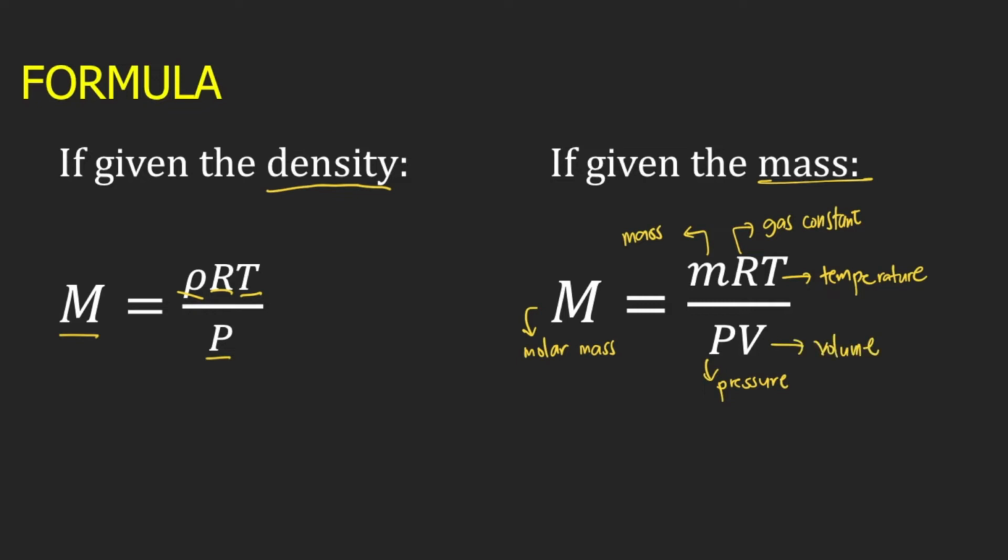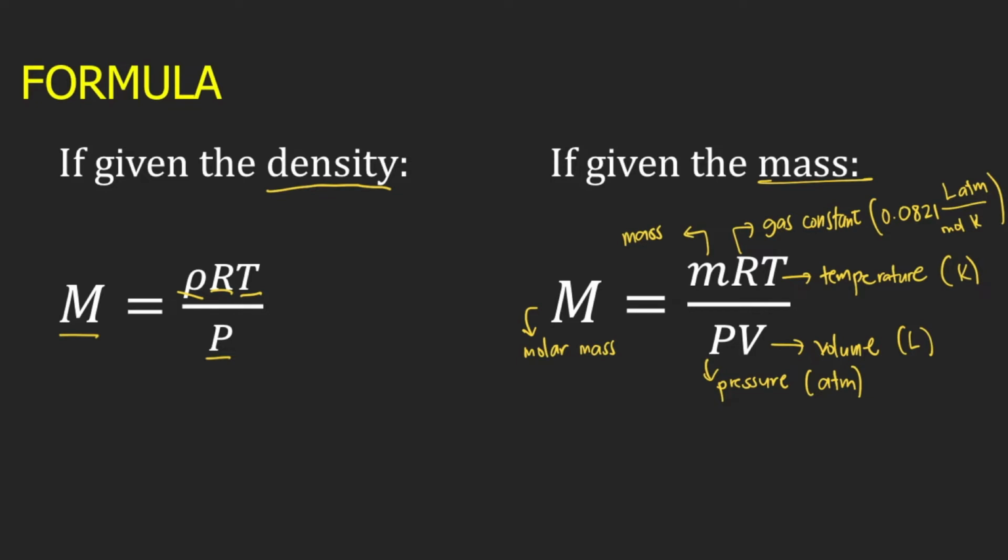Now, in this video, we will be using the gas constant 0.0821 liter atmosphere per mole Kelvin. So if you use this gas constant, make sure that your temperature is in Kelvin, your volume is in liters, and your pressure is in atmospheres.